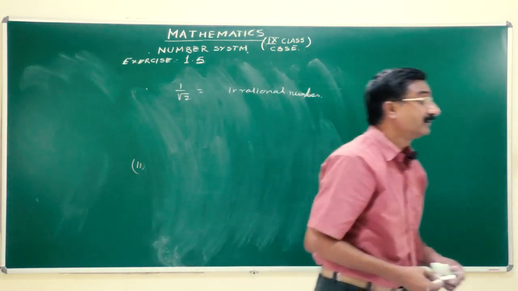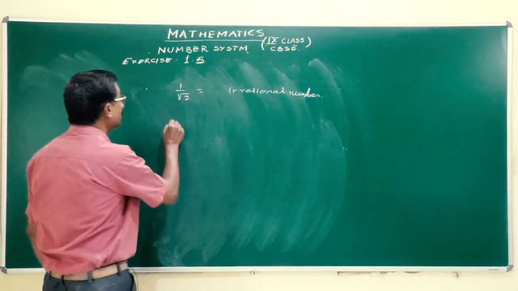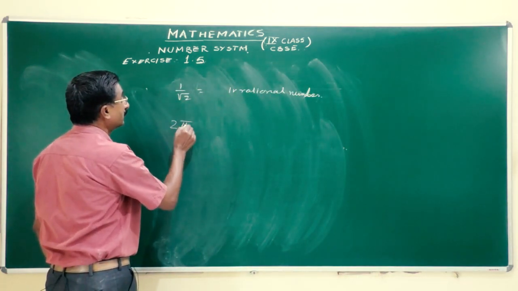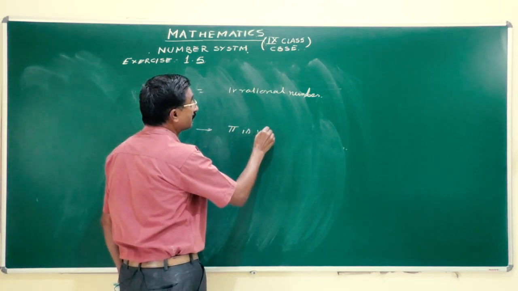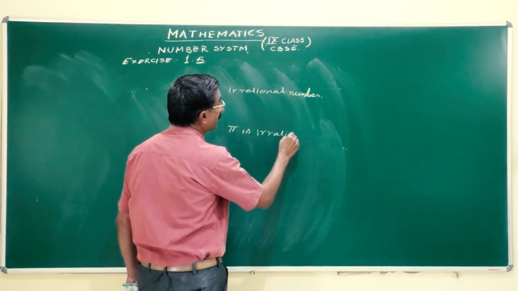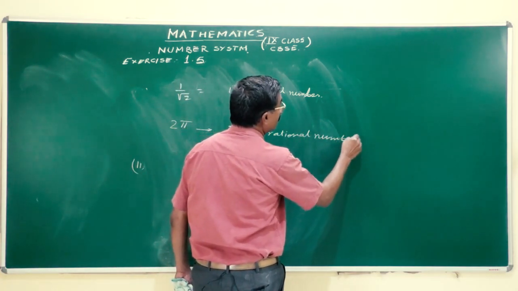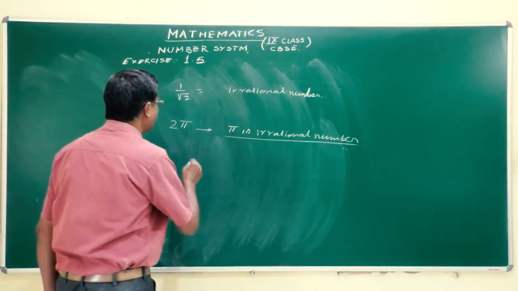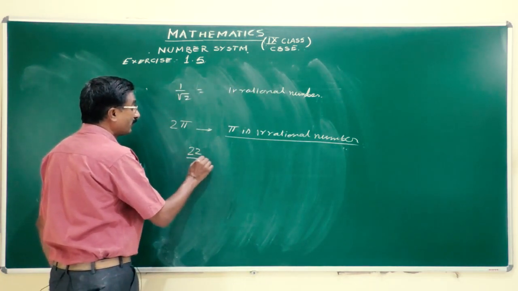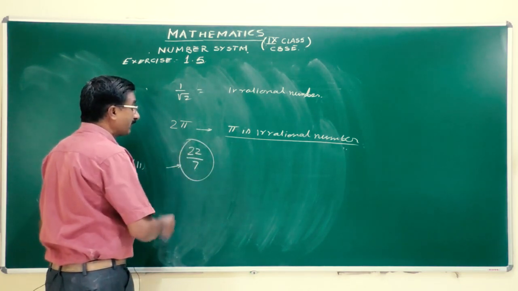Next one, that is 2 pi. And we know that pi is an irrational number. You have to remember that this pi is an irrational number. Sometimes we are using the value 22 upon 7, but this is not the exact value.